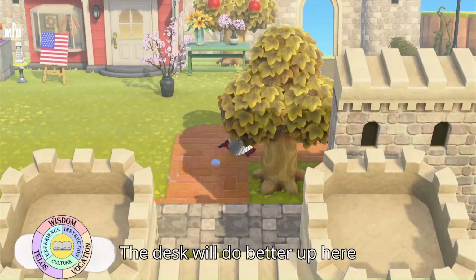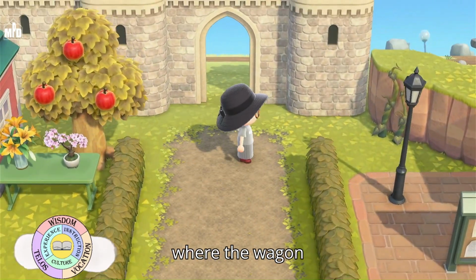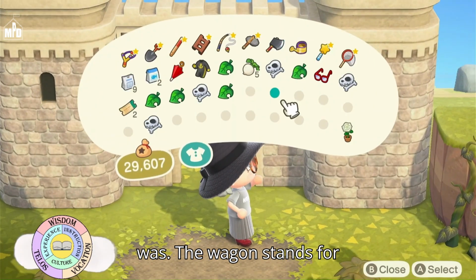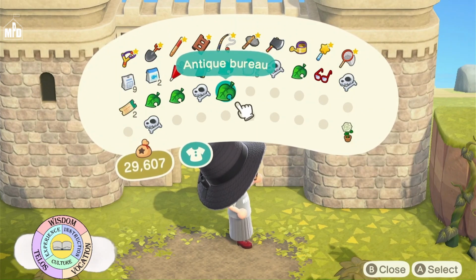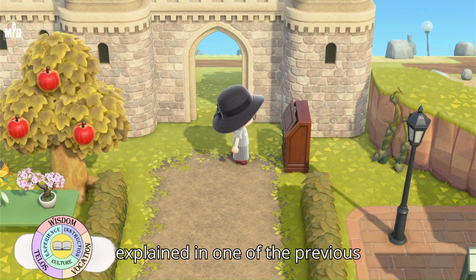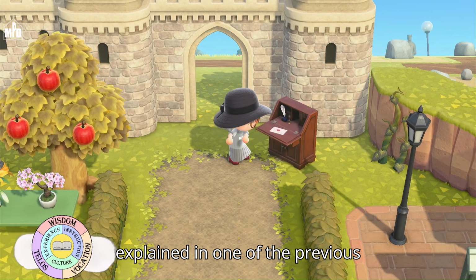The desk will do better up here where the wagon was. The wagon stands for experience. The writing desk stands for culture, as I explained in one of the previous videos.